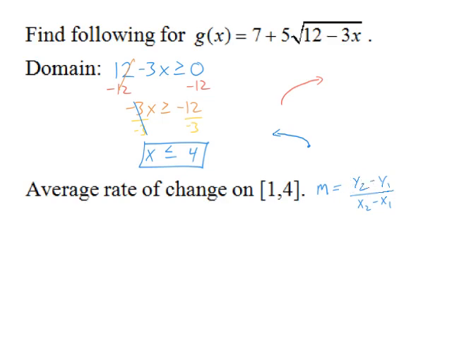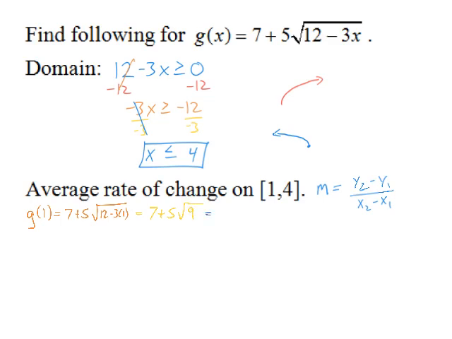So we have to find two coordinates. Isn't one coordinate going to be at 1 and one coordinate going to be at 4? The edges. So can we put 1 into this and can we put 4 into this? Watch what happens. We're going to do g of 1. That's going to be 7 plus 5 times the square root of 12 minus 3 times 1. What does that give us? 7 plus 5 times the square root of 12 minus 3, isn't that 9?